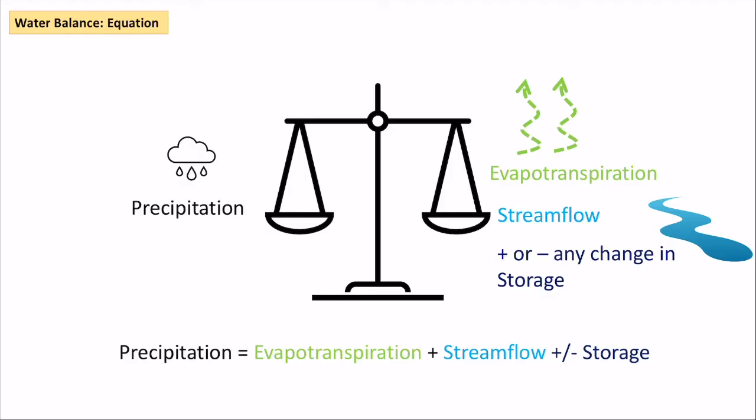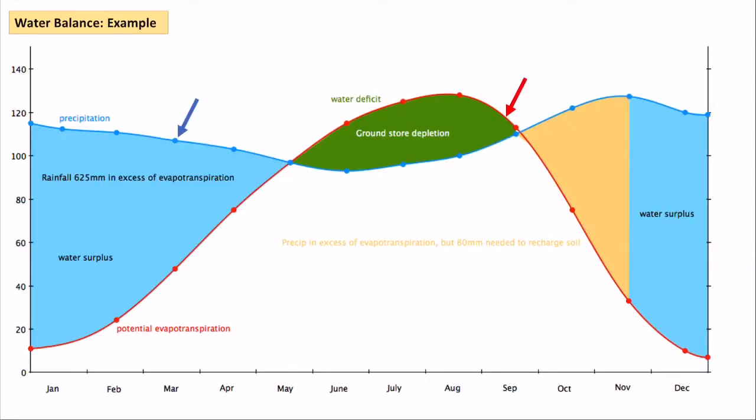But often, because these are open systems, water balance isn't always going to be completely equal. We're going to have periods of surplus and periods of deficit, and I'm going to give an example of that now. So here's an example of a river, an area, and we're looking at it over several months across the whole year. And the blue line that I've just highlighted is showing the precipitation.